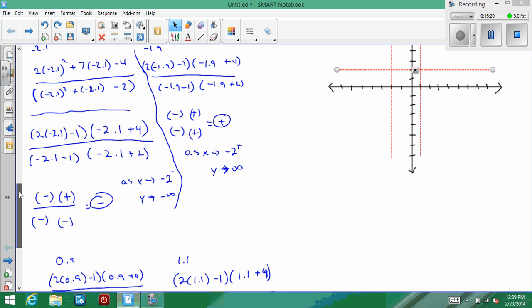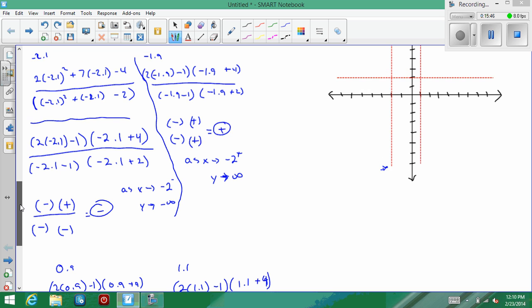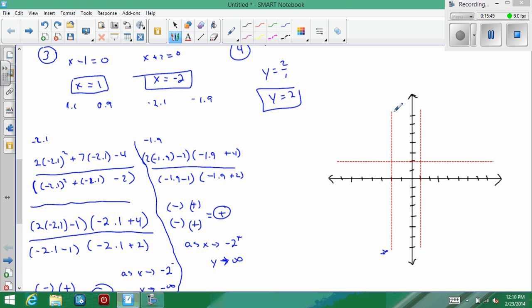So based on my behavior over here, I could make a little notation for my graphing. So at -2.1, I was down here at -infinity. So I could just put some kind of marking here. I'm going to put -infinity. All right. At -1.9, I was positive, so I'm going to put a positive infinity up there.